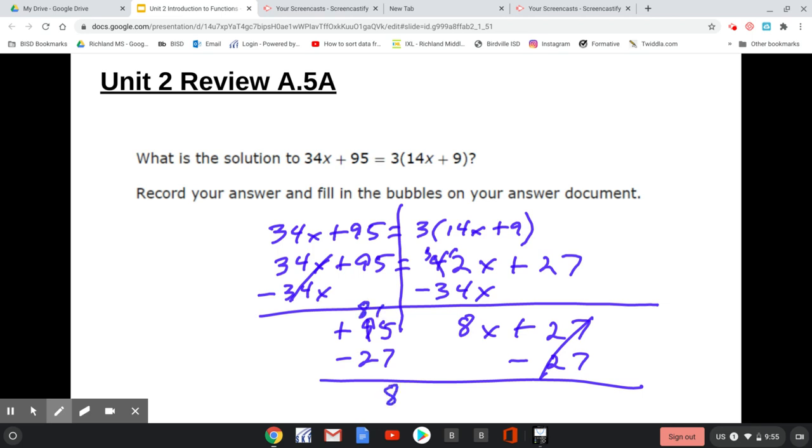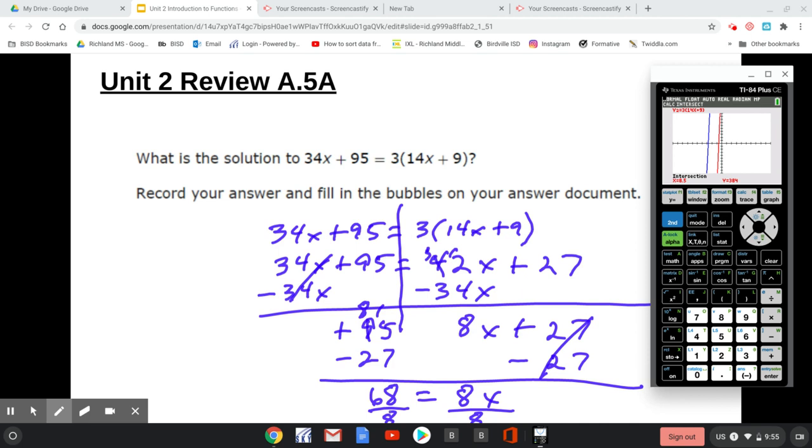And we get 68 equals 8x. If we divide both sides by 8, 68 divided by 8 gives me 8.5. Okay?